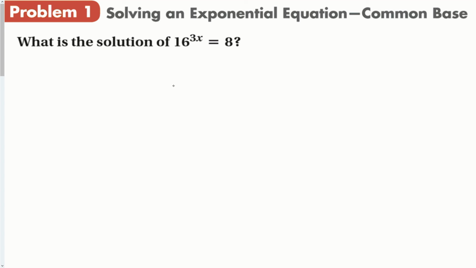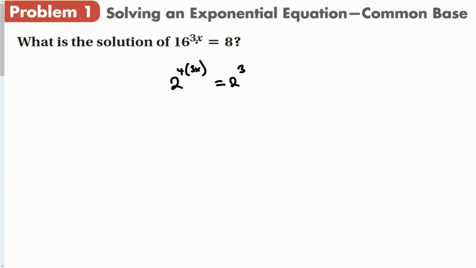And yeah, we can make both of these a power of 2. 2, 4, 8, 16. 2 to the fourth power is 16. And then don't forget this stays there, right? Power to a power means multiply the exponents together. And then 2 to the third power is 8, okay?